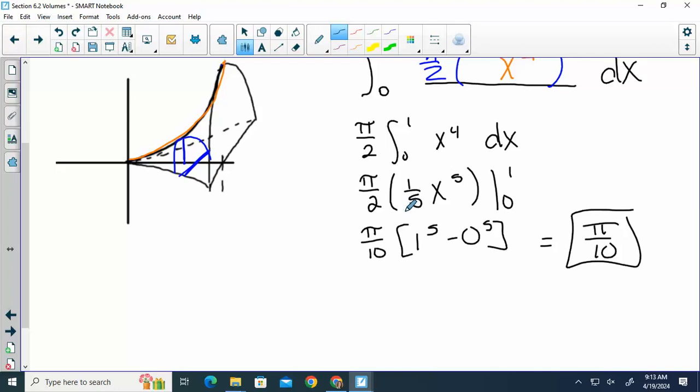I normally just ask this, but can I ask again where the pi over 10 came from? Right here. Oh! Okay, thank you. Other questions?